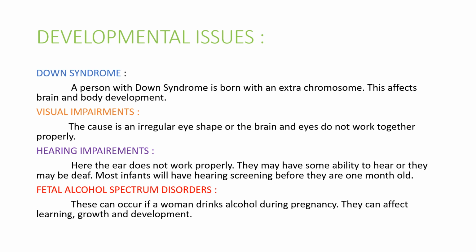Hearing impairments. Here, the ear does not work properly. They may have some ability to hear, or they may be deaf. Most infants will have hearing screening before they are 1 month old.